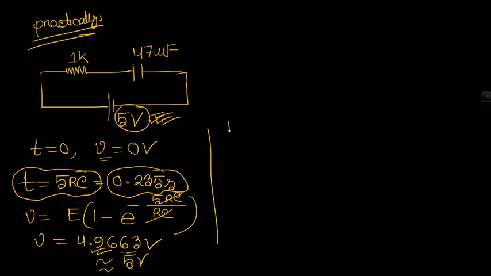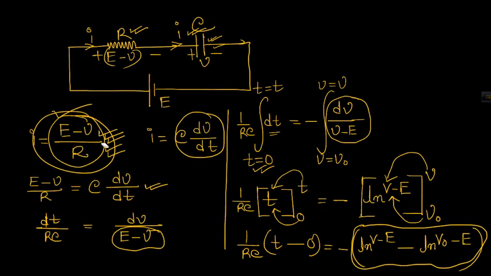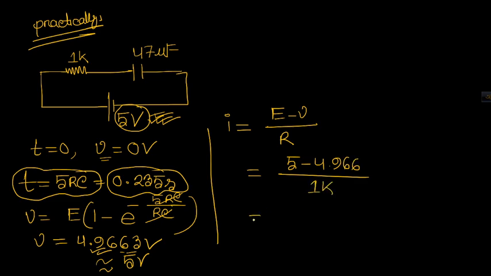Now let's try to find the current, and to find the current we will use this equation. Let's put all the information here: E is equal to 5, V is 4.966, resistance is 1K. You will see that we will get a very small current.